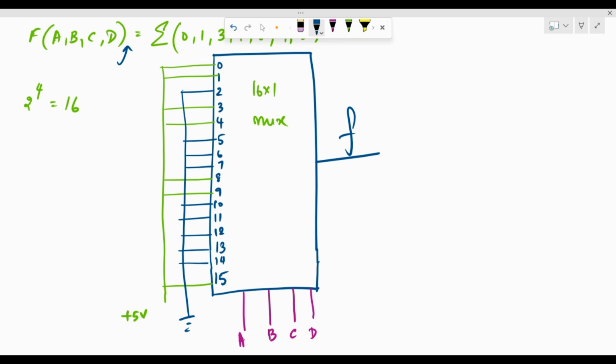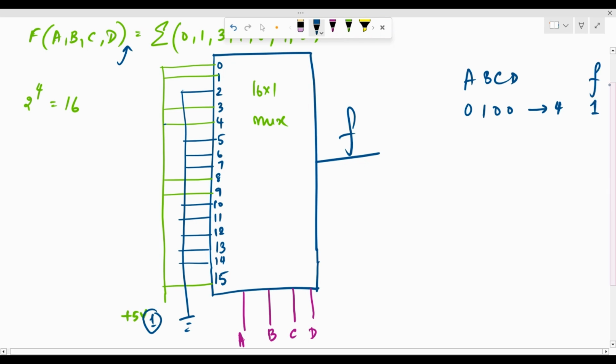In that case, for example, if A, B, C, D is 0, 1, 0, 0, this corresponds to 4. Therefore, I4 will be conveyed to the output and I4 is nothing but 1 because it's connected to 5 volts. So for that combination of A, B, C, D, F is going to be 1.